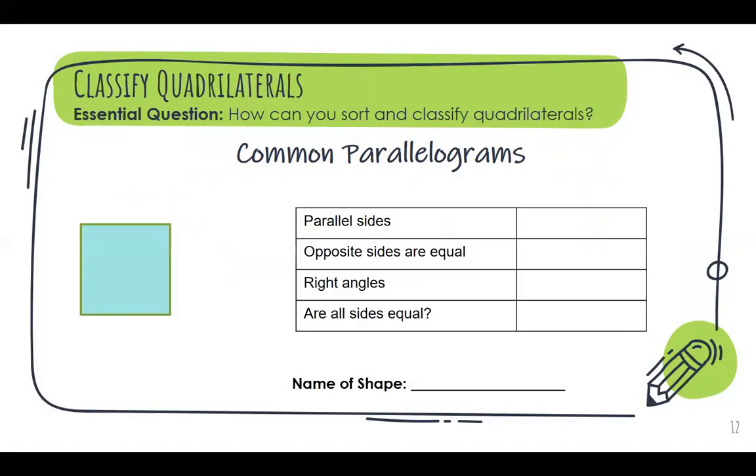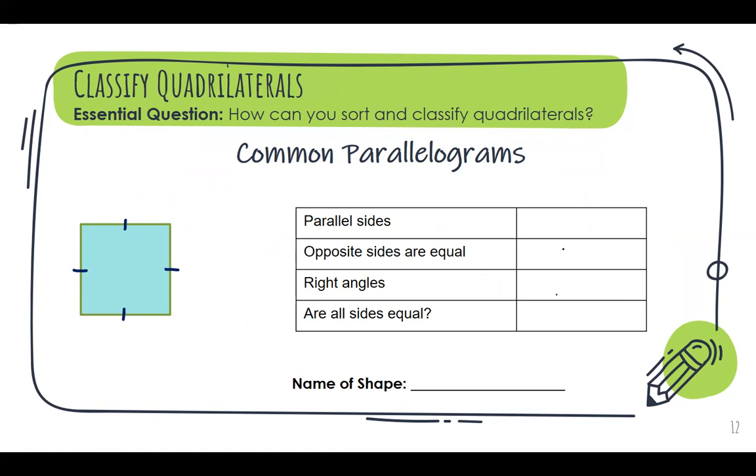Next, starting with the square. Based on our lesson last time, using tick marks, if I put one tick mark on every side, it means all of the sides are equal.